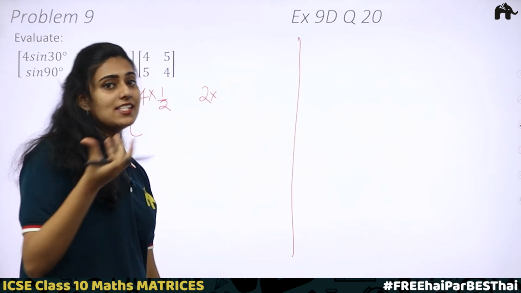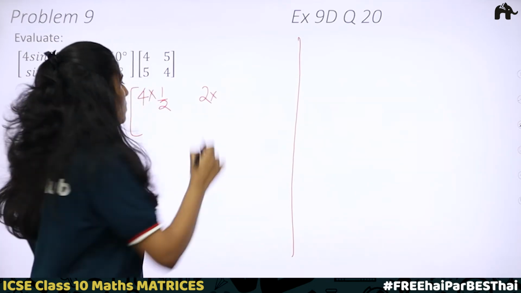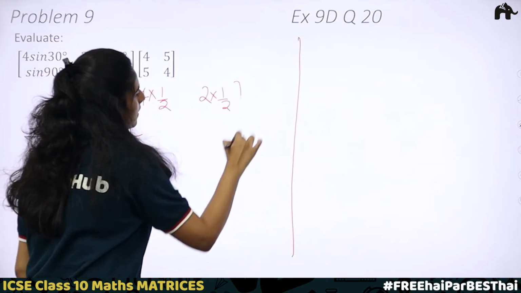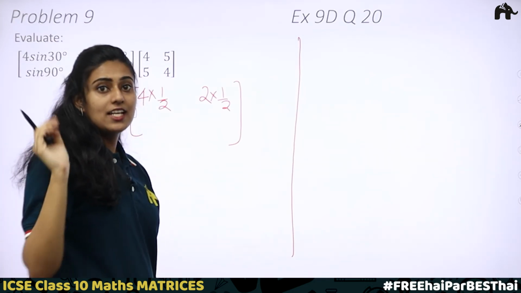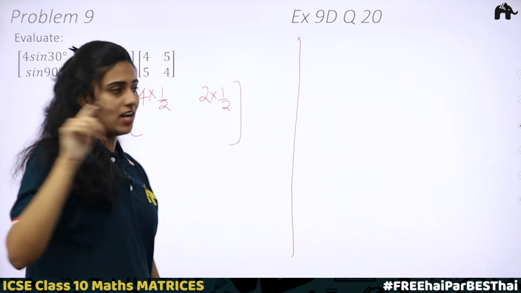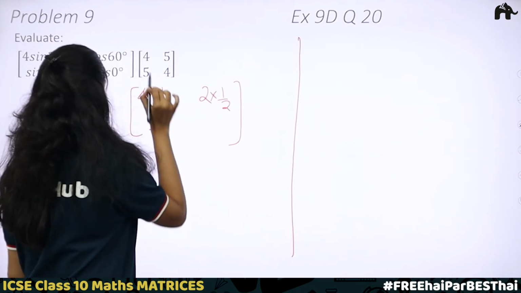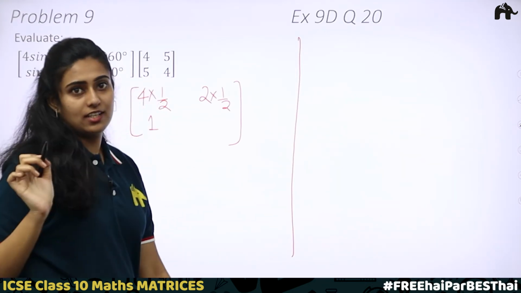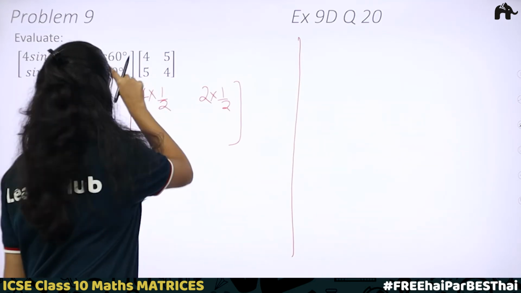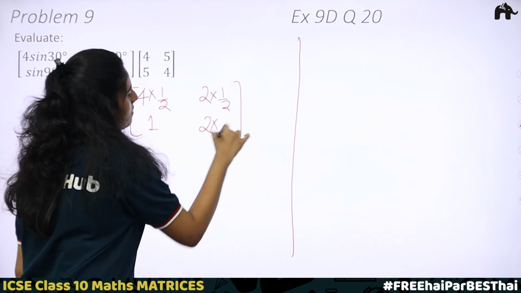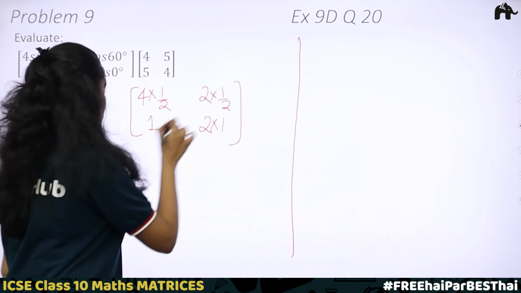Cos 60 degree and sin 30 degree are of the same value, which is 1 by 2. Next, sin 90 degree. Sin 90 is 1. Then, 2 cos 0 degree. Cos 0 is 1, cos 90 is 0. We need cos 0, 2 into 1.